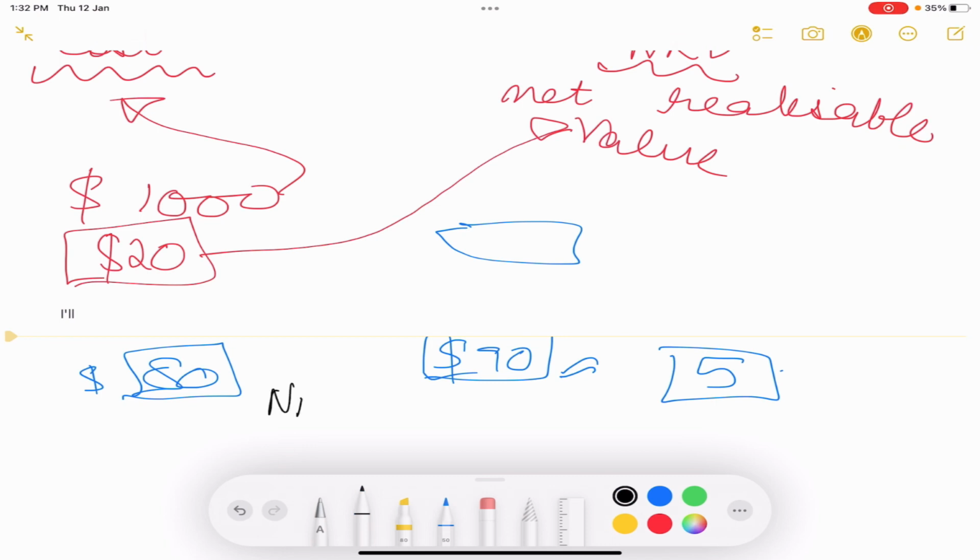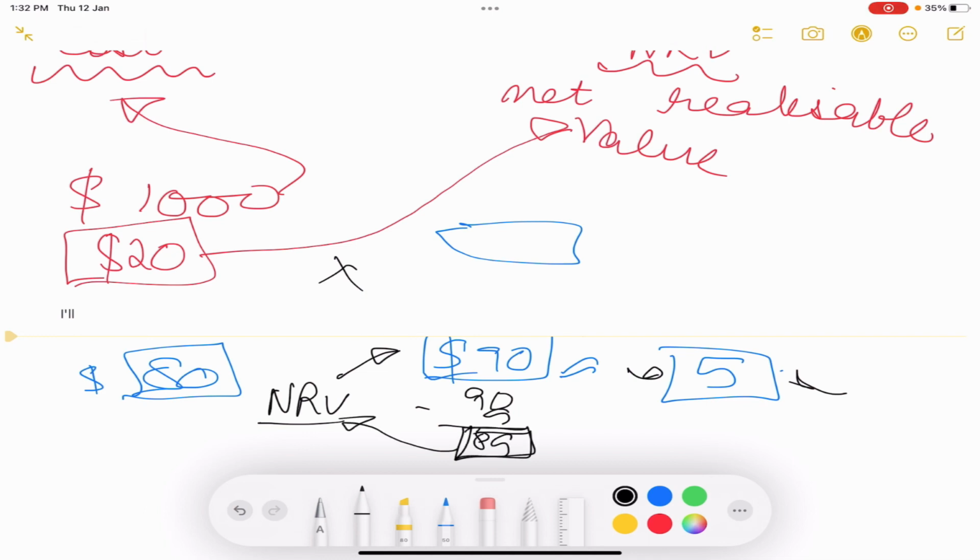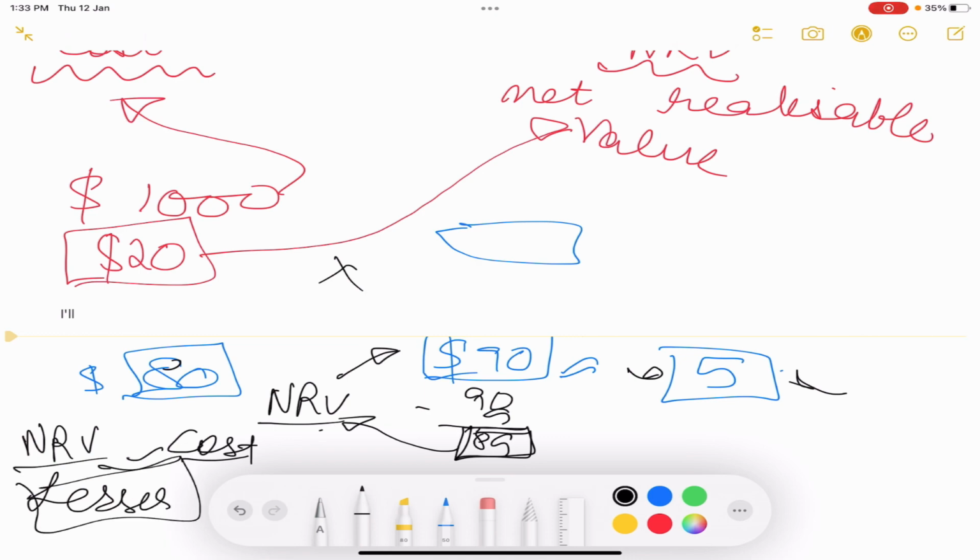So then what is my net realizable value? Will it be 90? No. Why? Because we need to consider the 5 repair. So 90 minus 5, 85. 85 will be my net realizable value. You recall this? And then you compare the net realizable value with the cost. Whichever is lesser, that will be shown in the books, right?